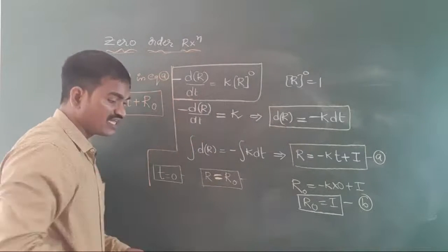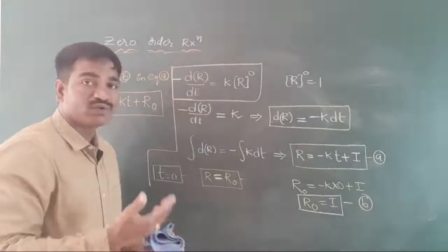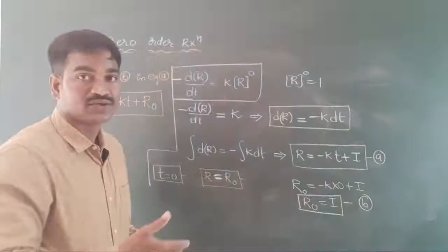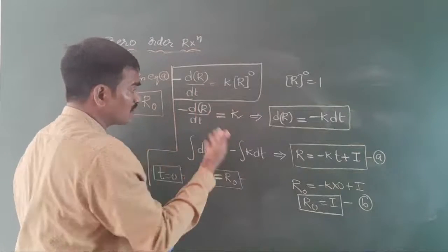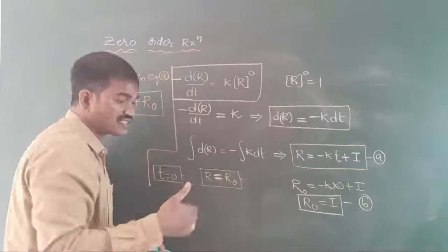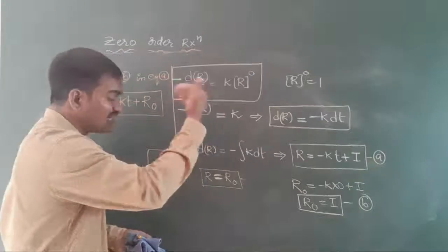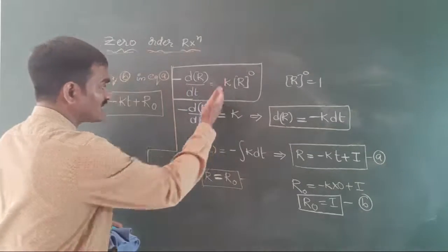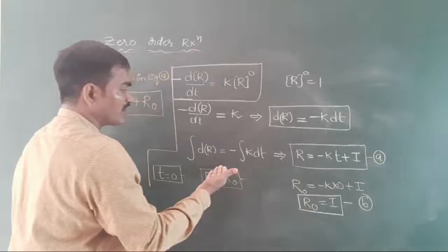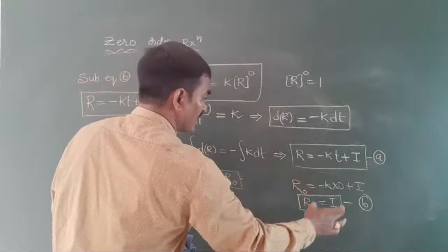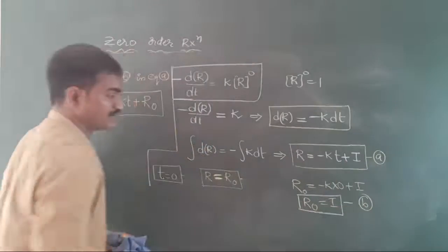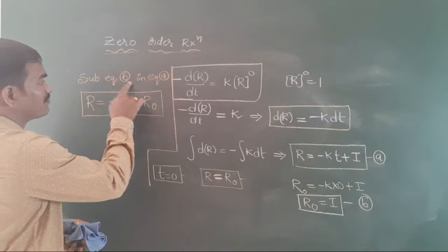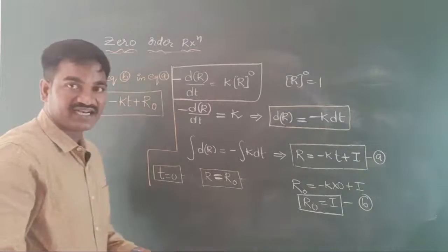If I want to calculate dR by dt, it is not at all convenient. So that's why we are converting differential rate equations into integrated rate equations. That's why we did integration on both sides. By doing integration we got A, and by doing this we got B. Substituting equation B in equation A, we got this integrated equation.